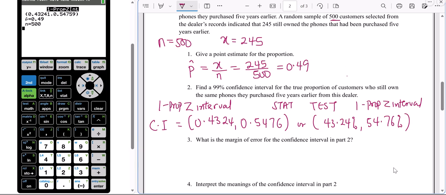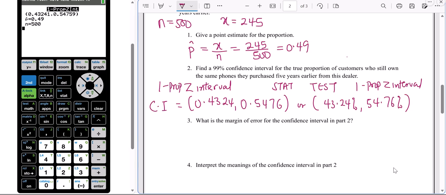Next, it says, what is the margin of error for the confidence interval? Recall from the first video, please kindly go back to the YouTube to watch the first video. It says that to calculate the margin of error, it is going to be your upper bound minus your lower bound over 2. Or you can use another formula.